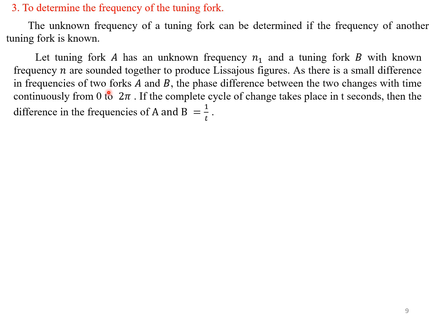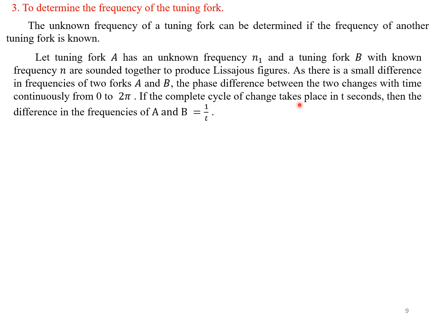As there is a small difference in the frequencies of the two forks A and B, the phase difference between the two changes with time continuously from 0 to 2 pi.